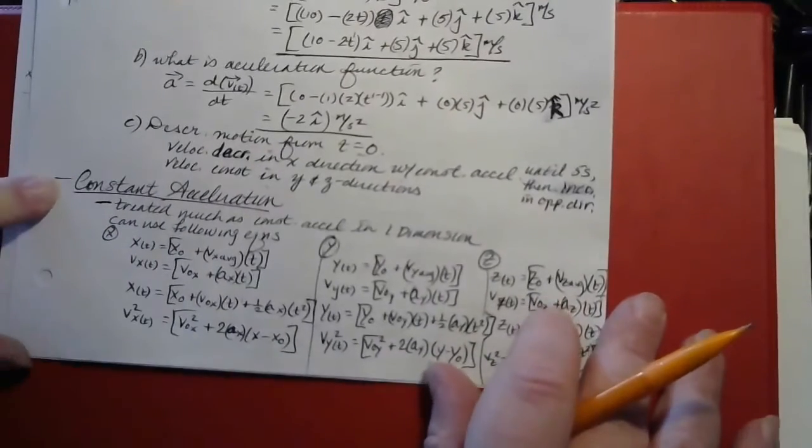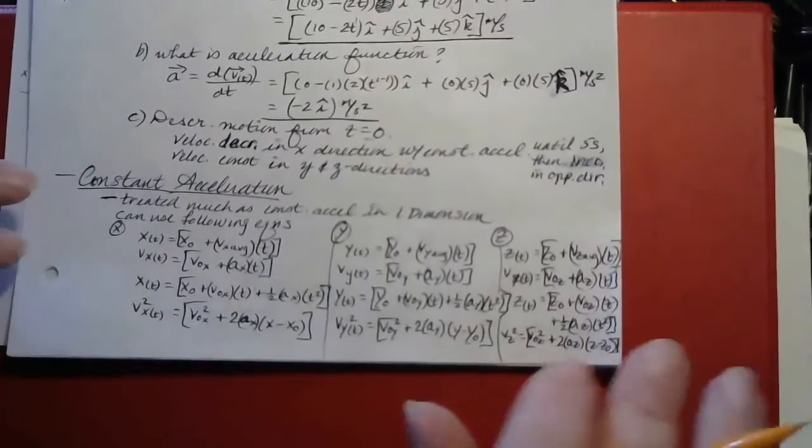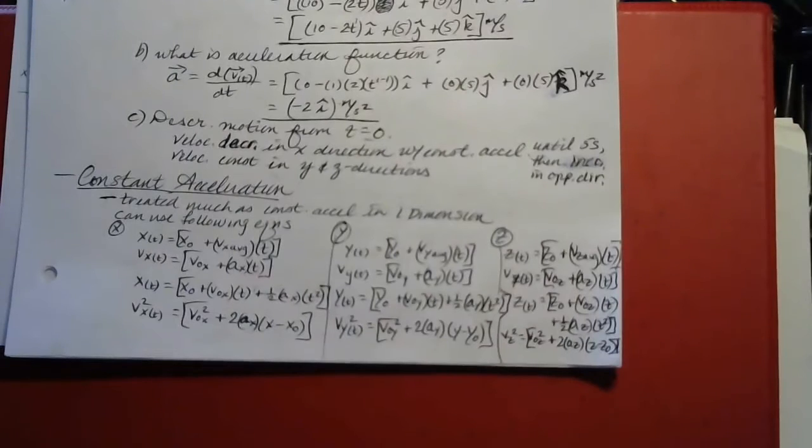In cases where the acceleration is constant, things become a little bit easier because you can essentially use the same equations that we used in previous chapters for one-dimensional problems for things like position and velocity. So the only complication really is that now we're dealing with 2 or even 3 dimensions.